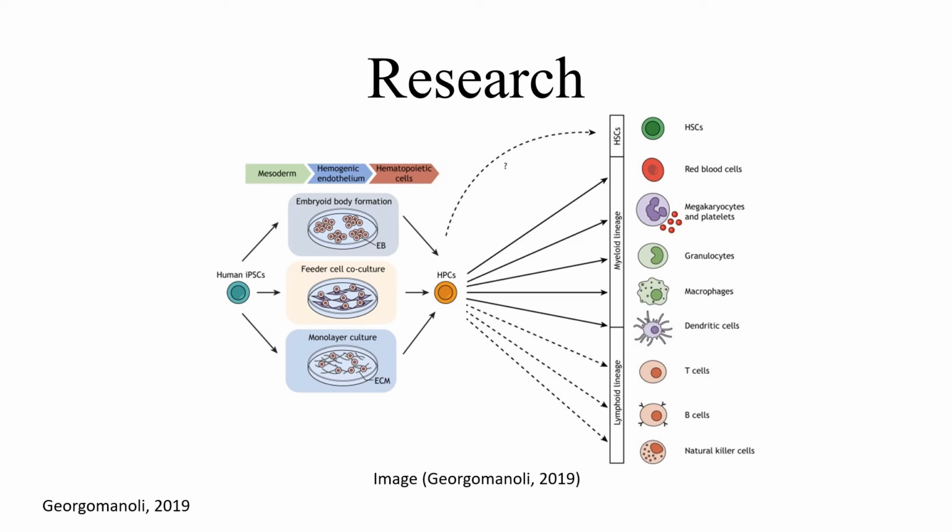Since the emergence of induced pluripotent stem cell technology, which is a little over a decade ago, iPSC models have held the potential to bridge these two worlds: primary patient cells and conventional disease models.